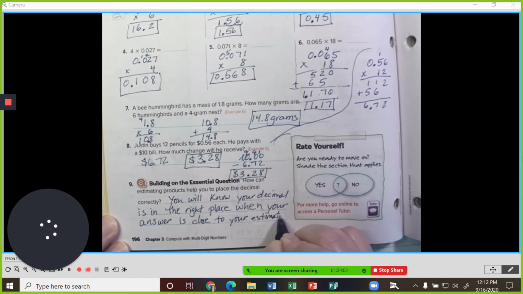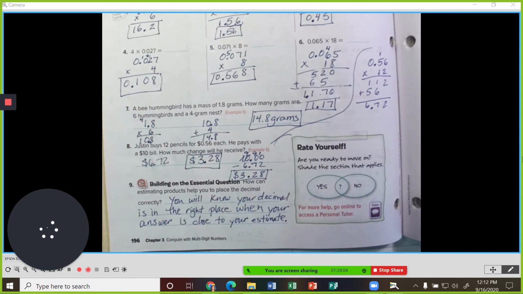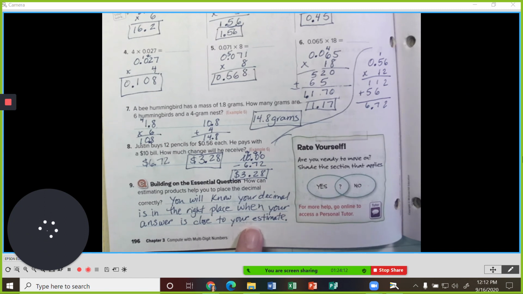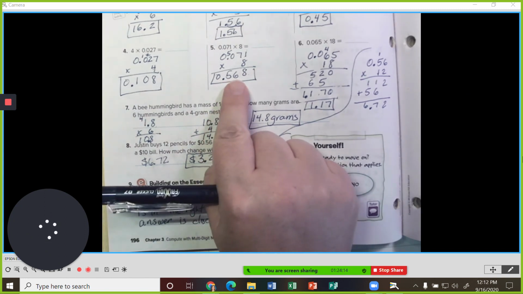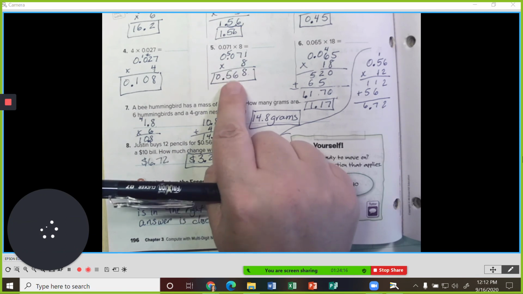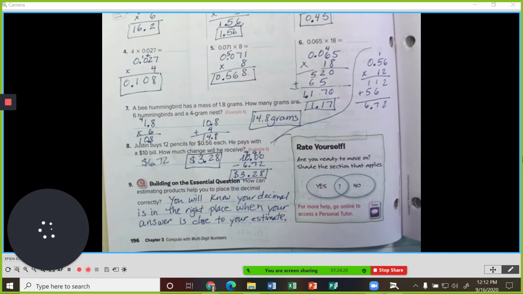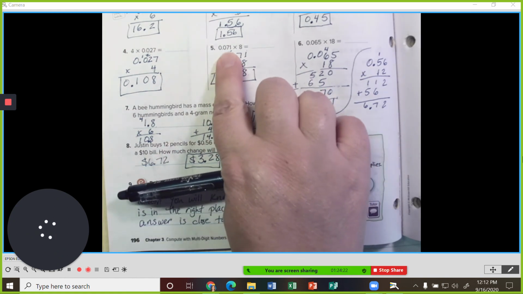And we're not talking about close, like within a digit or so. We're talking about in the same place value. So like, 50 cents or 56 cents versus $5 or $50 or 500. So if you look at this example number 5, if you think of this like money, this would be about 7 cents 8 times.